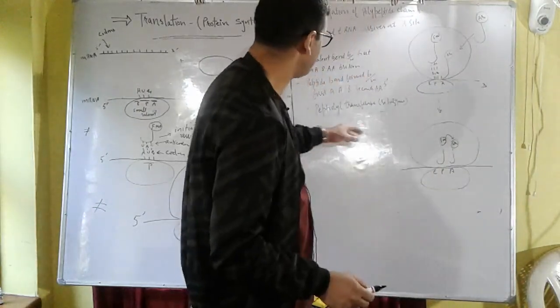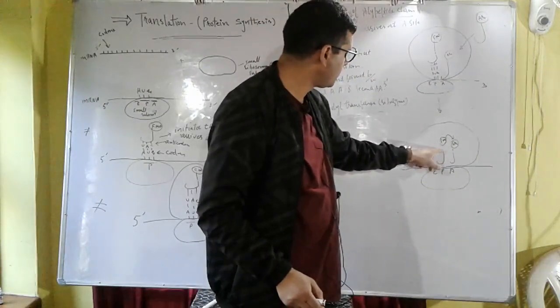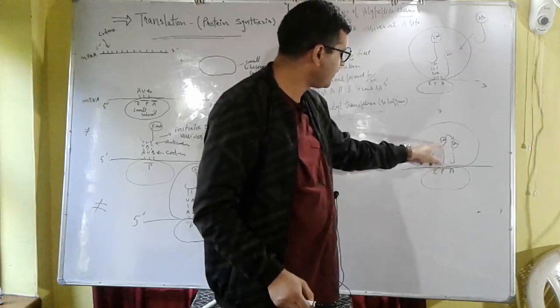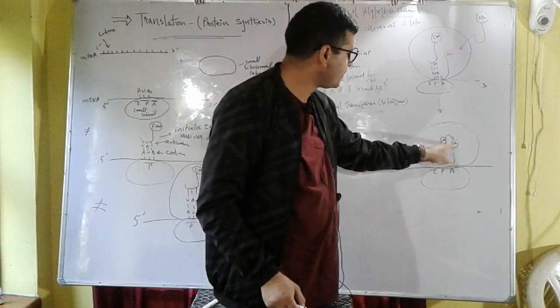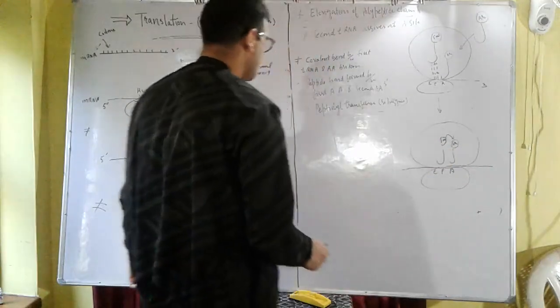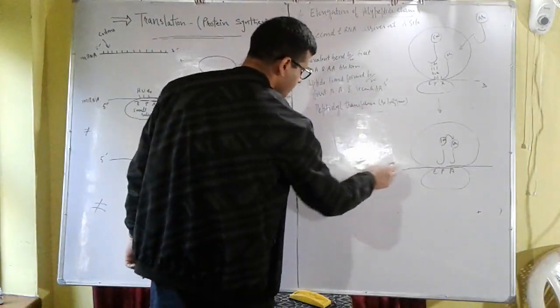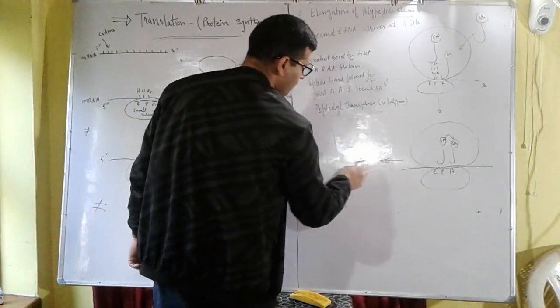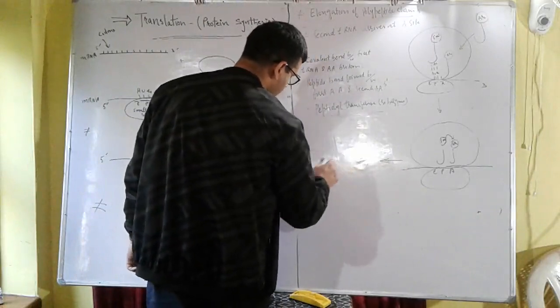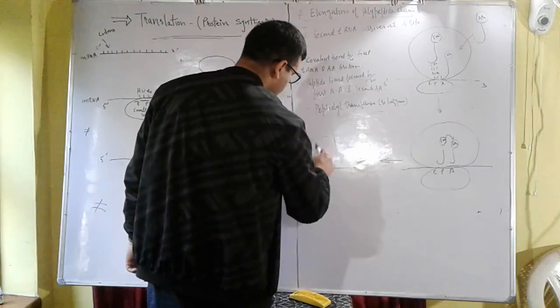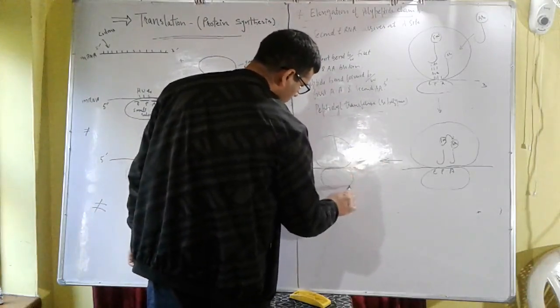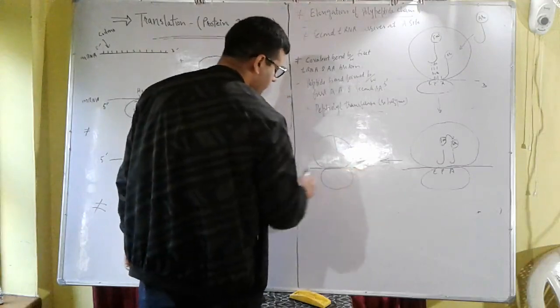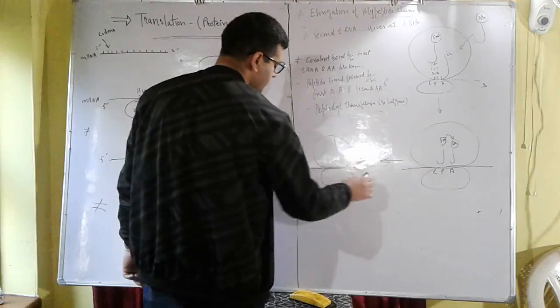That means a covalent bond is broken between the initiator tRNA and its amino acid, that is formyl methionine, and then the peptide bond is formed between the first amino acid and second amino acid. It would be like this. This is messenger RNA. It's 5', 3'.